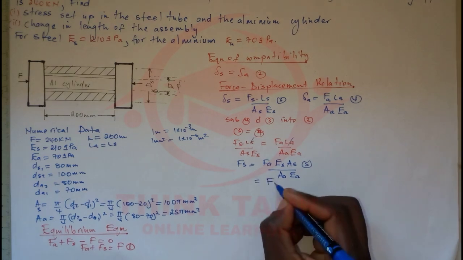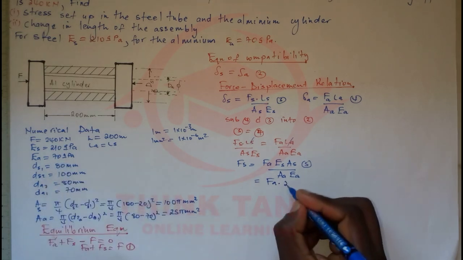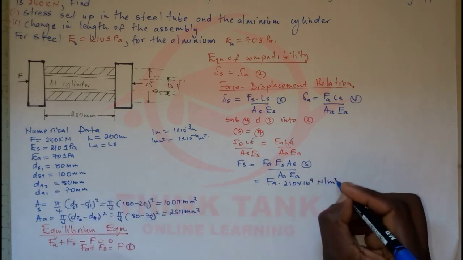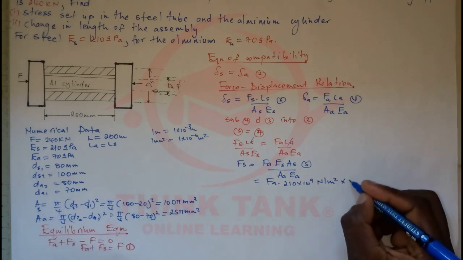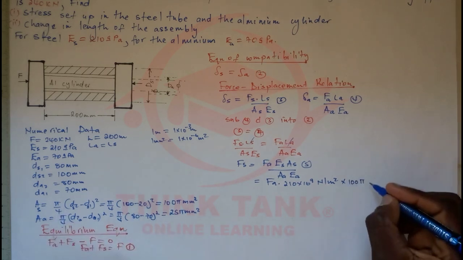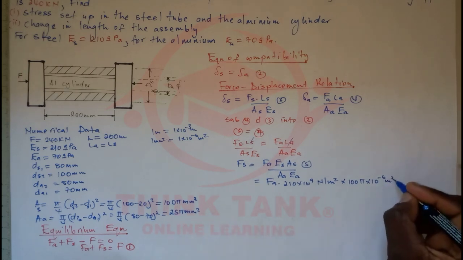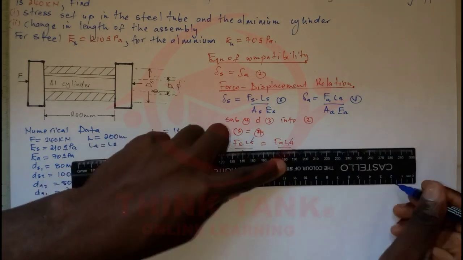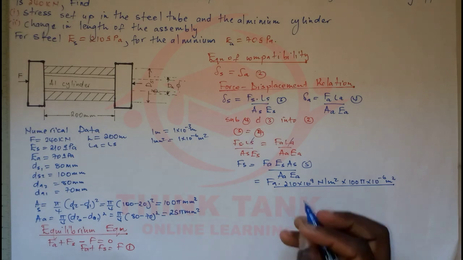I'm going to have Fa right here, and we have Es, the Young modulus of the steel, which is 210 times 10 to the power 9 Newton per square meter, times the area. What is going to be the area? The area of the steel is 100 pi times 10 to the power negative 6 meters squared. We have changed it from millimeters squared to meters, and we're going to divide this by the area of the aluminium.